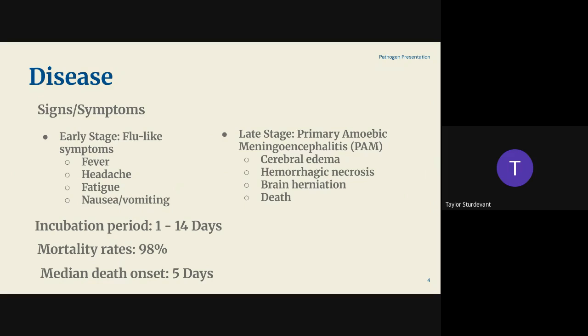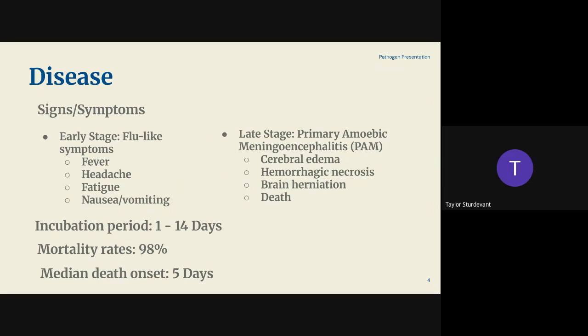The issue with N. fowleri is the early stage symptoms are, because they're flu-like, it's hard to determine what the cause of issue is, or that you even have this amoeba in your system. A lot of times it can show up similar to like a meningitis, and it causes some issues for treatment, for diagnoses.